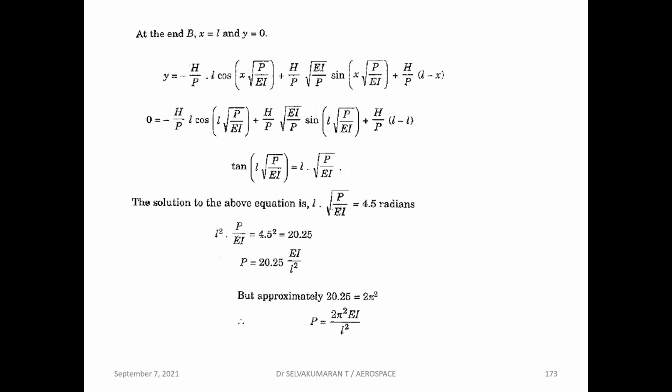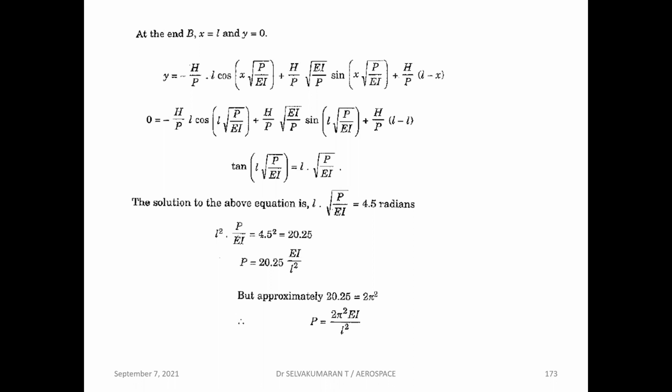So when you calculate Ixx and Iyy, check which one is the minimum or least value. That value we have to substitute in place of I. Always remember, I is nothing but the minimum value of Ixx and Iyy. You have to check which one is minimum and substitute that value.